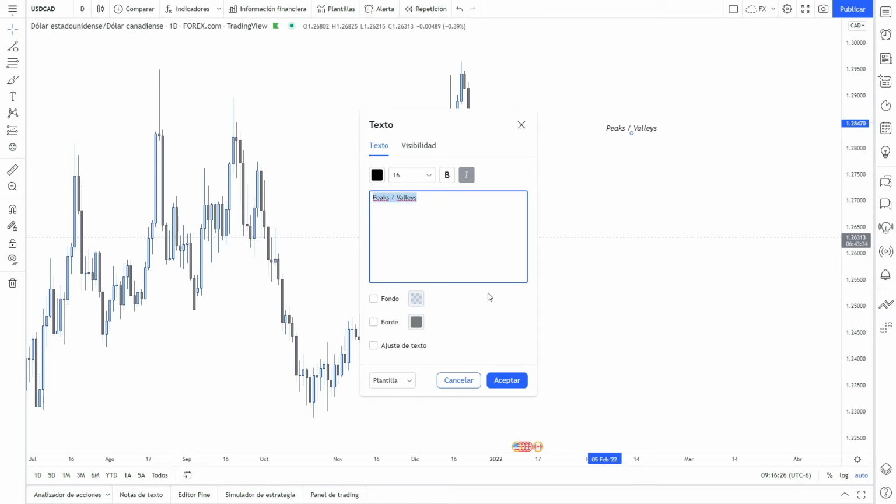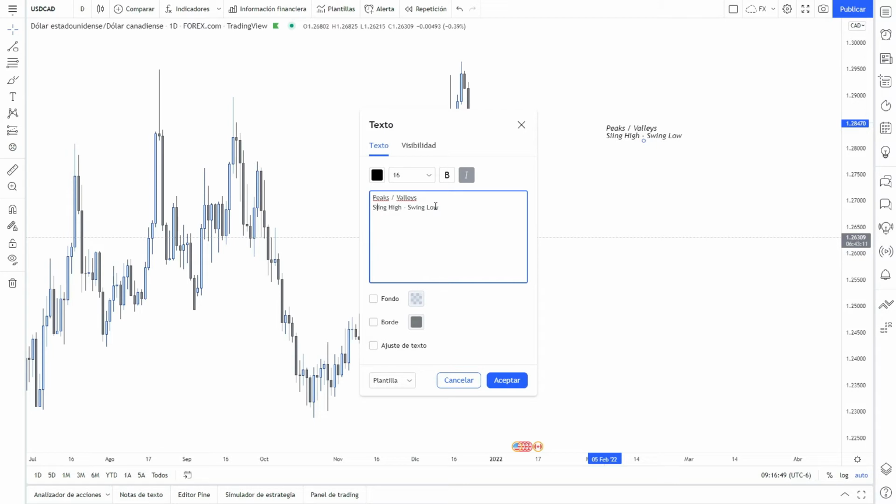Okay, let's now talk about the types of supply and demand zones. We have three types. We have peaks and valleys, which are also known as swing highs or swing lows. It's pretty much the same thing.